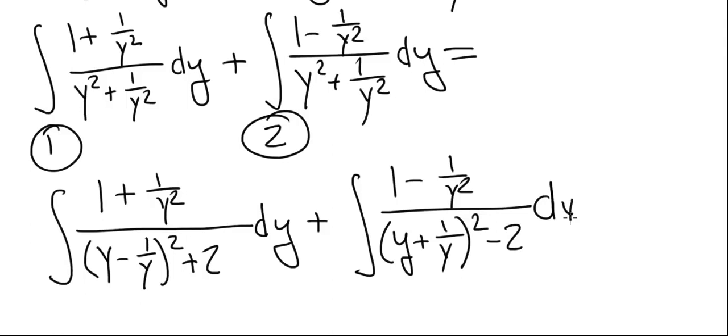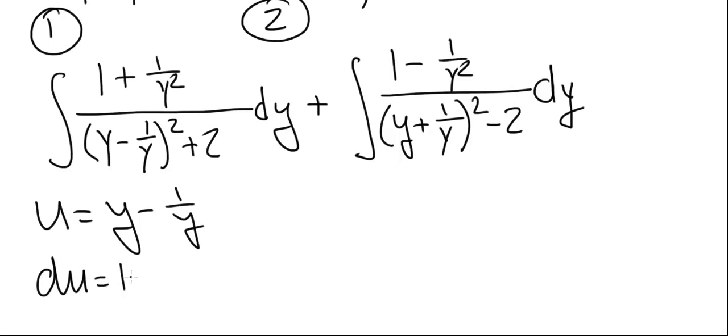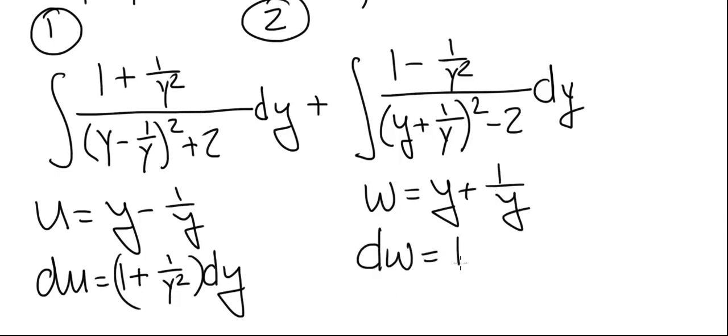And now let's make the following substitutions for this integral. We're going to let u equal y minus 1 over y. du is 1 plus 1 over y squared dy. And for this integral, we'll let w equal y plus 1 over y. Therefore, dw is equal to 1 minus 1 over y squared dy. So the integrals now look like this.